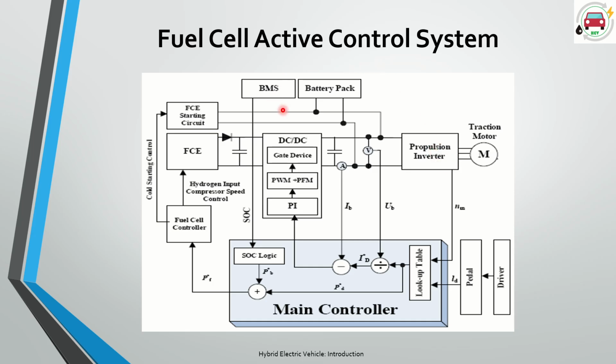There is the battery pack, the BMS system is there. Then we are having the FCE and the fuel cell controller is also there. So all these things are controlling how much current and how much voltage should be provided to the motor, and what decisions, what instructions the driver is giving.